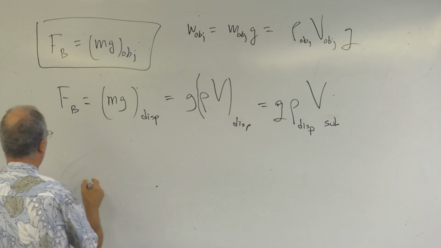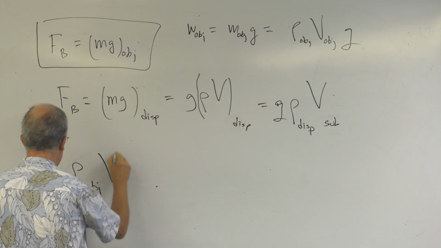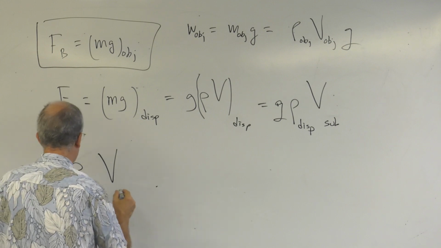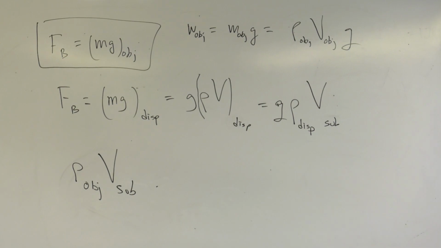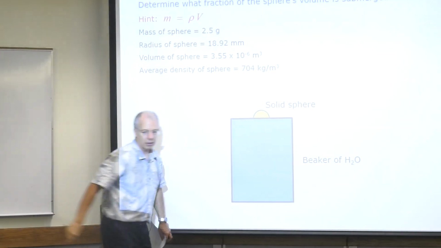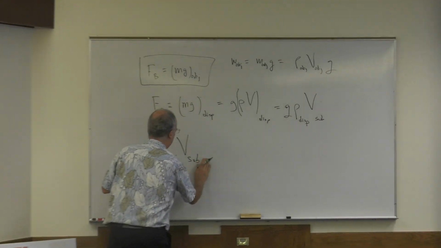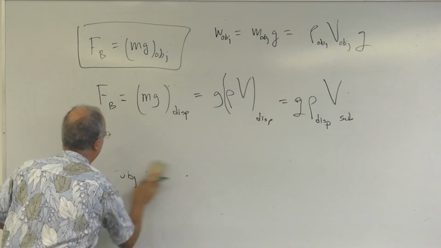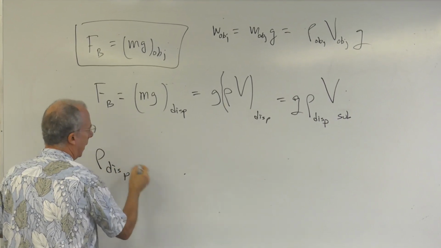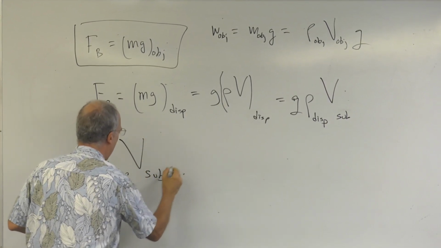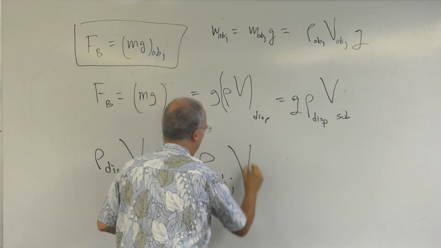It's only the volume of the object that's submerged that's displacing the liquid. Sorry, I want to do this first. So rho displaced fluid times volume submerged object equals rho object times volume object.